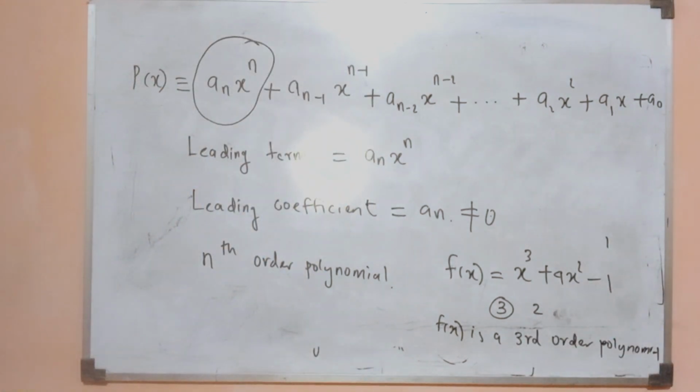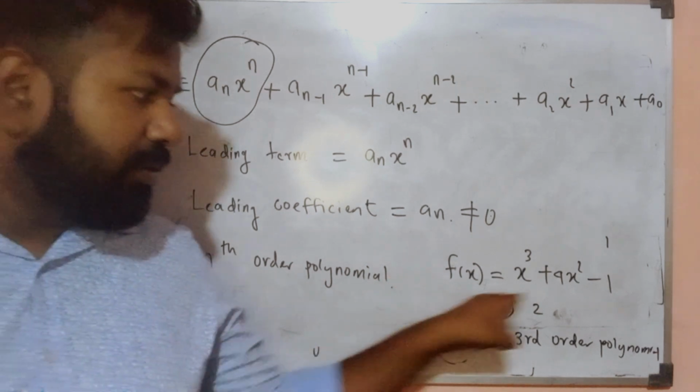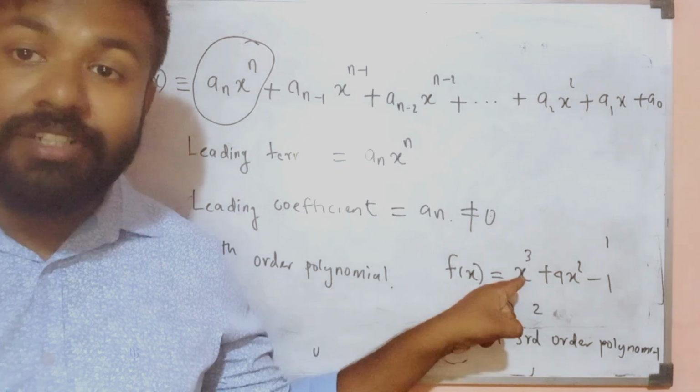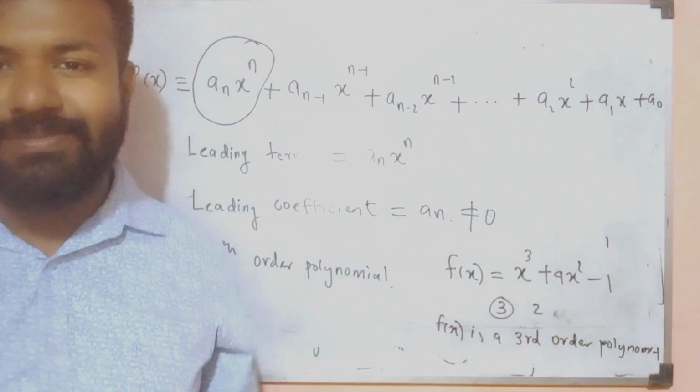Alright guys, now you know how to find the order of a polynomial. This is a third order polynomial, and it has 3 terms.